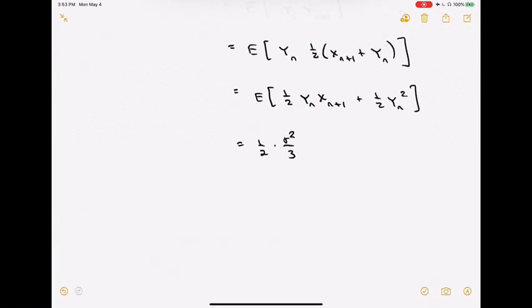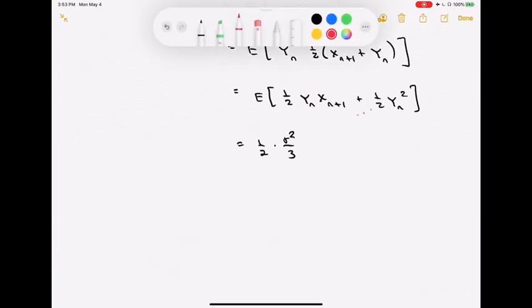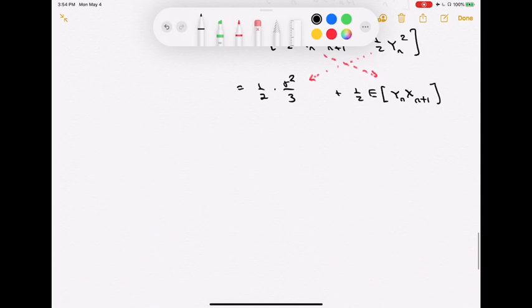So that guy came from this. How about this one? Now I'm talking about the expected value of 1/2 yn xn plus 1. I can pull the half out, and I'm going to have the expectation of yn times x of n plus 1. I need to be able to do something with that. I'm going to do a little logical argument here.